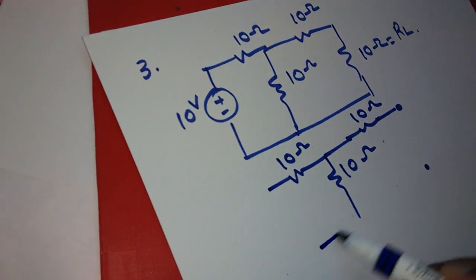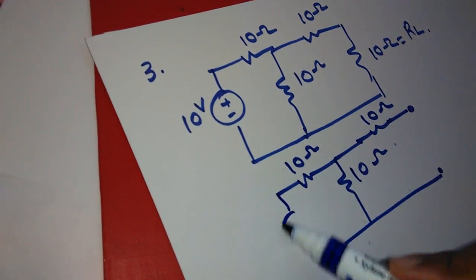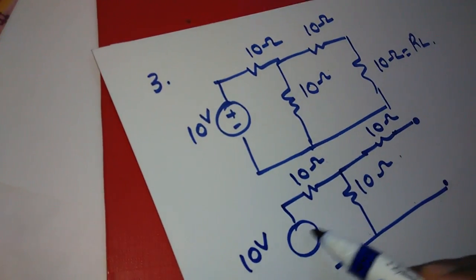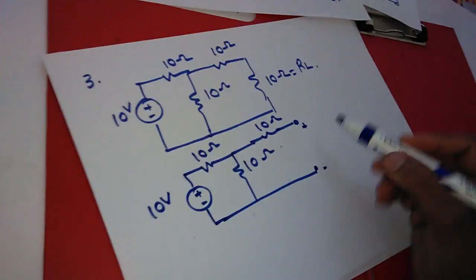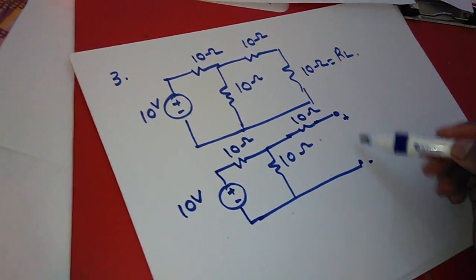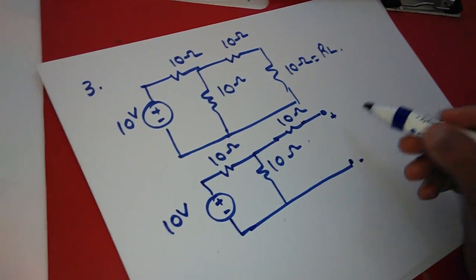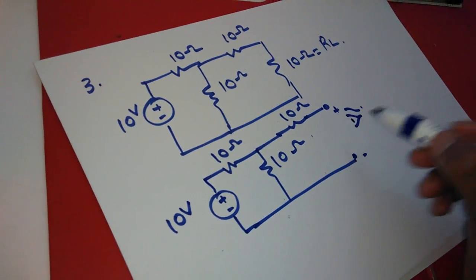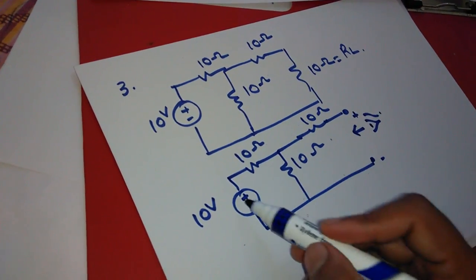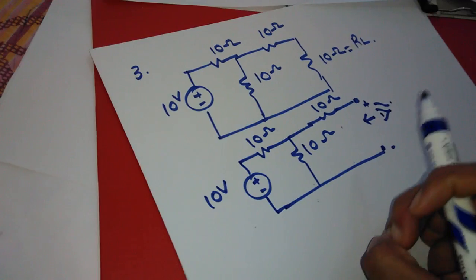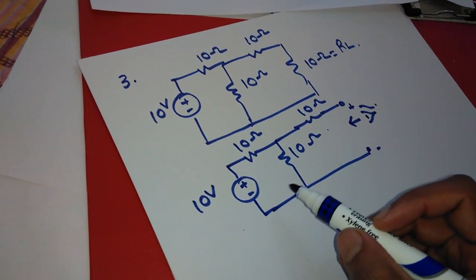After removing the load from the given circuit, we get a circuit like this, and this is the open circuit. Now this battery works as an imaginary battery, and from here we can see the current is flowing through the circuit. Now for getting the RTH, first we have to deactivate the sources.